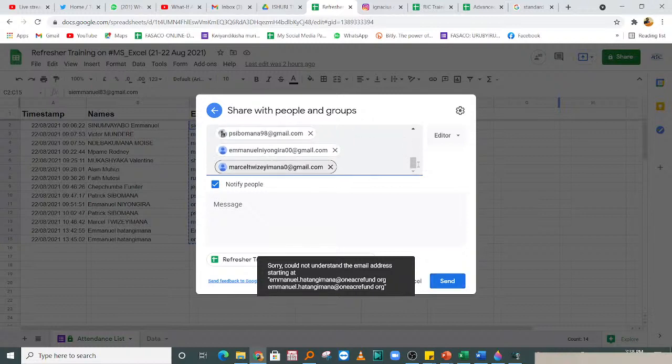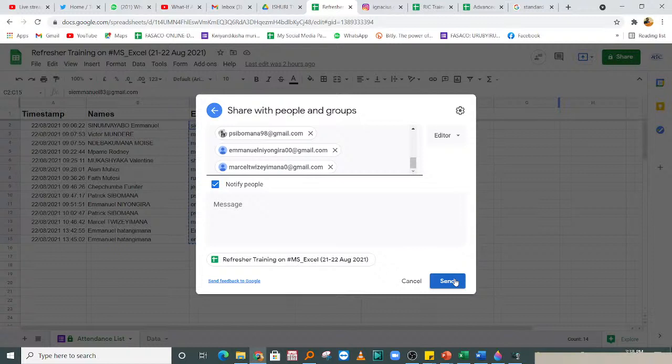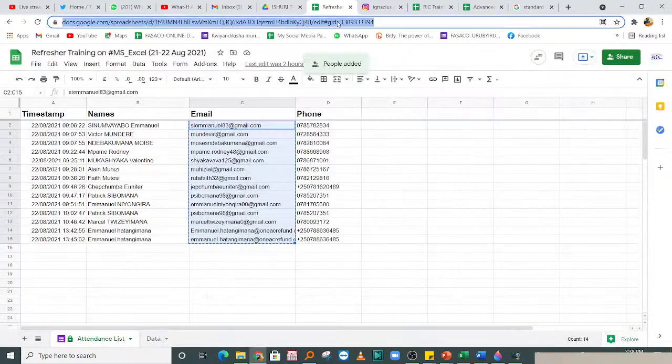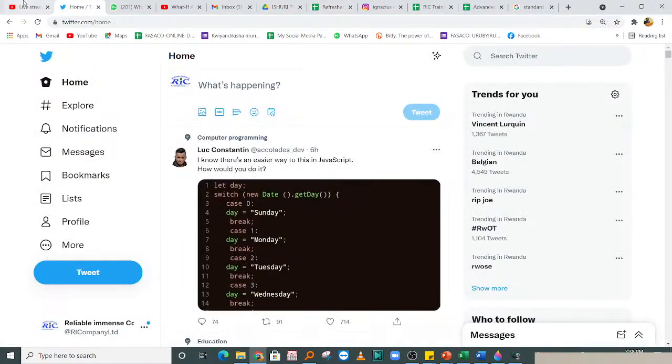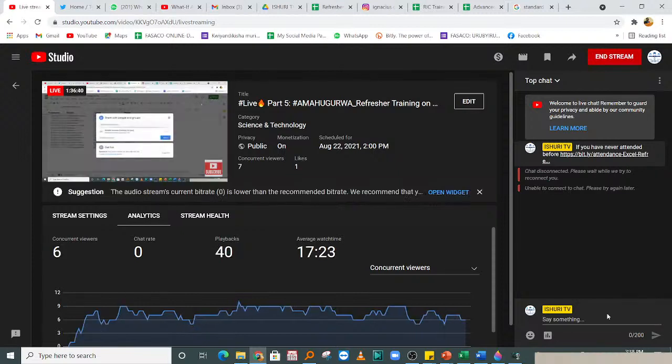People with the email from one eco fund and the others, those work emails cannot work. Please check your emails and come back here and open the sheet, or let me add it in your comments. Let me add it here in the comments box.